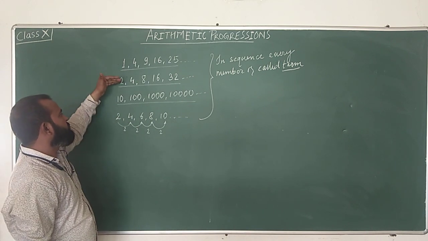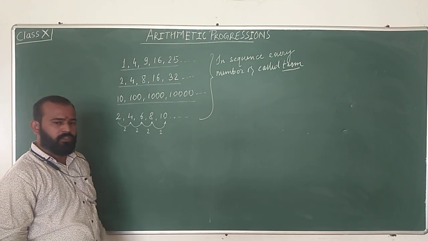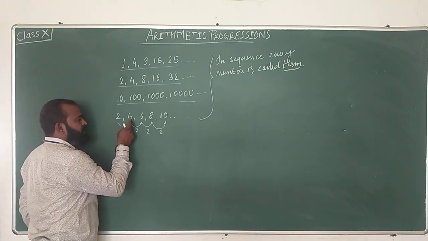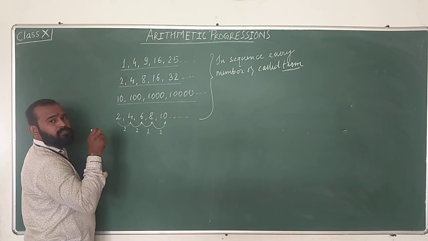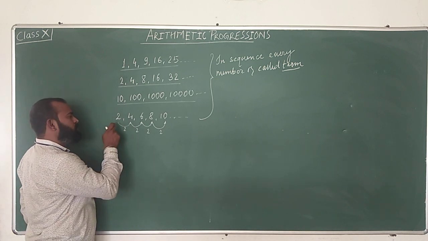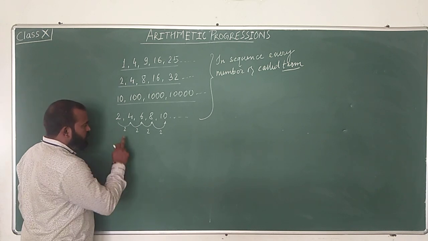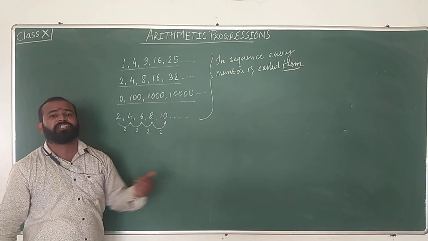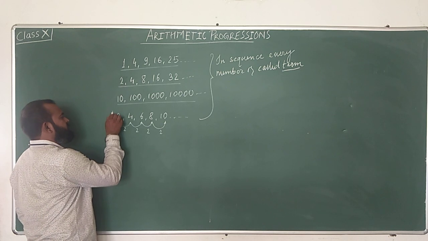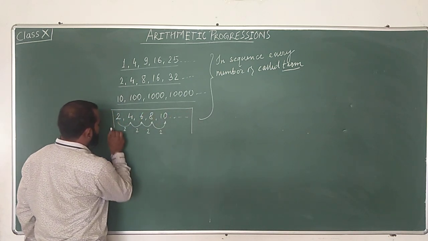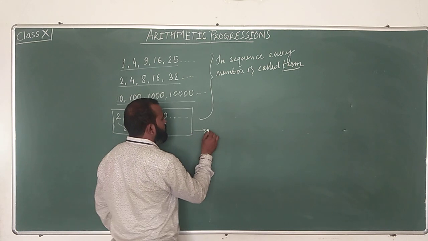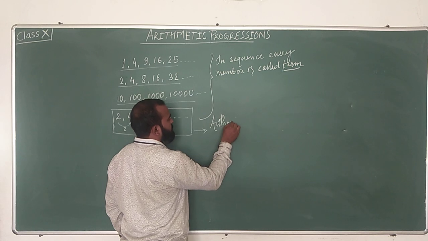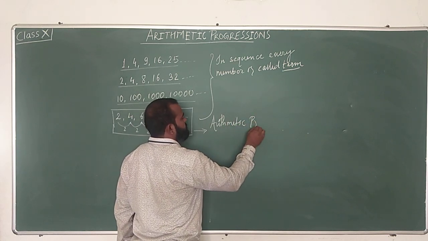Now see here, every one has a unique pattern. Observe this pattern. Here you are getting every succeeding number after adding a unique number to the preceding number. Okay, see, everywhere a unique number has been added to the preceding number, so what do we get? The succeeding number. So such a sequence is called an arithmetic progression.